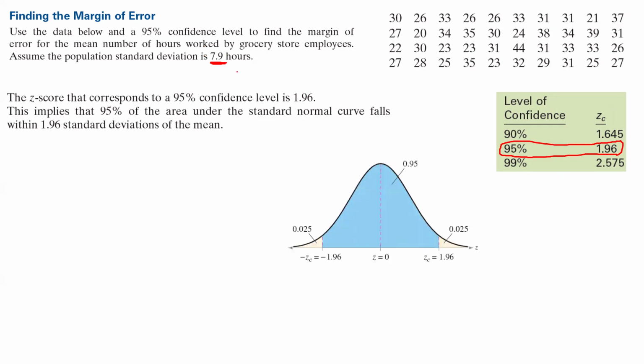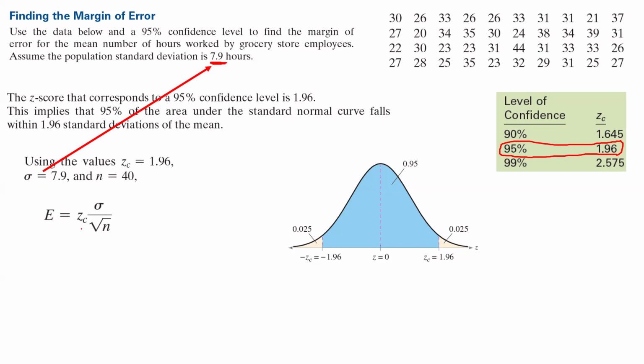Now, as you remember, when you have a 95% level of confidence, the critical value that divides the probable sample statistic from the unusual one is going to be located at the center. Using the values ZC equals 1.96, sigma, the population standard deviation, 7.9 hours, and n, 40 people in your collection, you can calculate E, or the margin of error. We memorized this formula before.